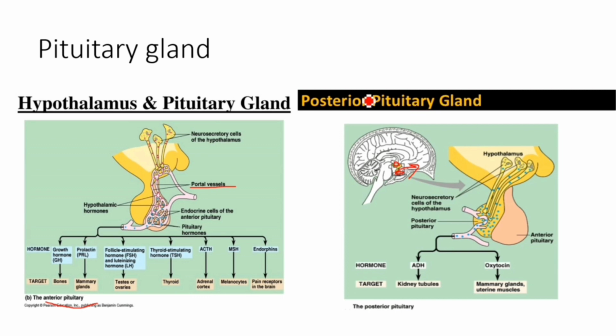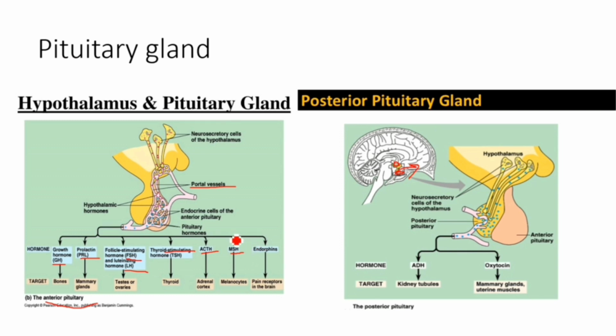So let's see the different hormones secreted by the anterior pituitary. The anterior pituitary secretes growth hormone, prolactin, FSH, which is follicle stimulating hormone, luteinizing hormone, thyroid stimulating hormone, ACTH, which is adrenocorticotropin hormone, and MSH, which is melanocyte stimulating hormone.